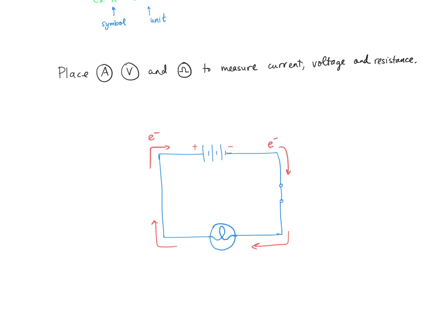So maybe we want to measure the current here. I'll maybe choose the green here. There. The ammeter will measure the current, so it's going to measure the flow of the electrons at this point in the circuit.